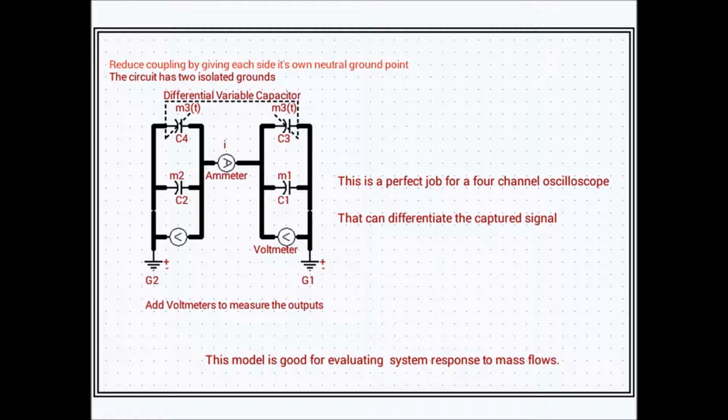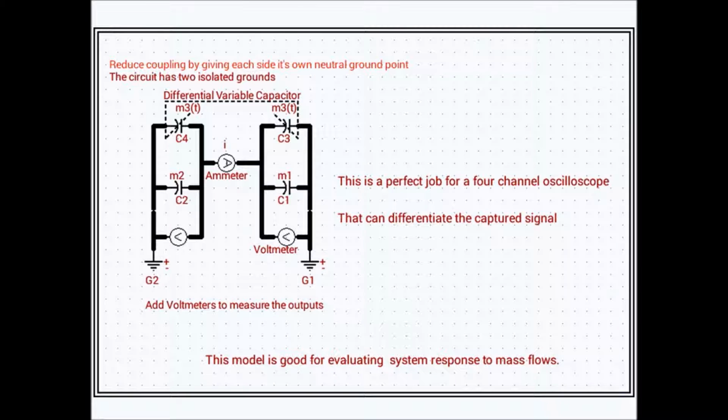And now, after we've done that, the next thing we do is to add voltmeters to measure the outputs. There's a voltmeter here and a voltmeter there on each block. And we also now identify the ammeter as measuring current that's going into and out of each block.